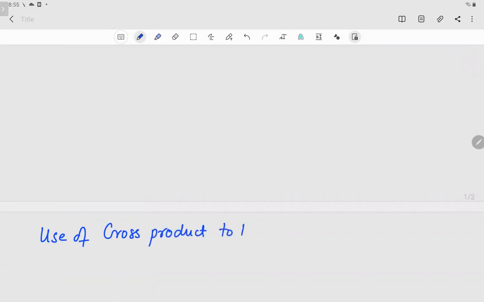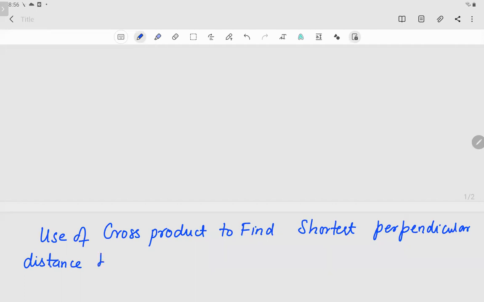We will now go to another method. We will use another method, and it's the use of cross product to find the shortest perpendicular distance between two skew lines.